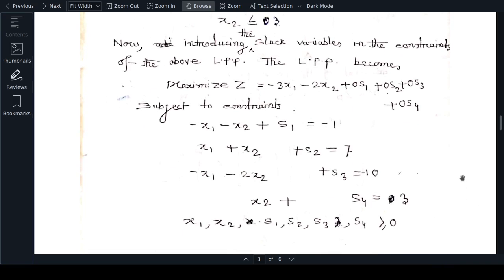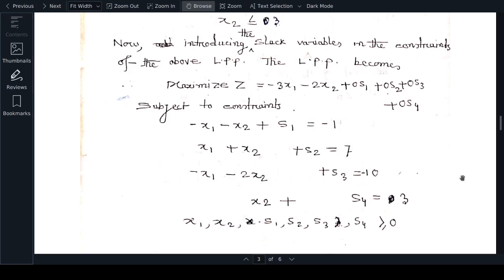For the first constraint, we use slack variable plus s1. For the second constraint, plus s2. And for the fourth equation, we use plus s4.